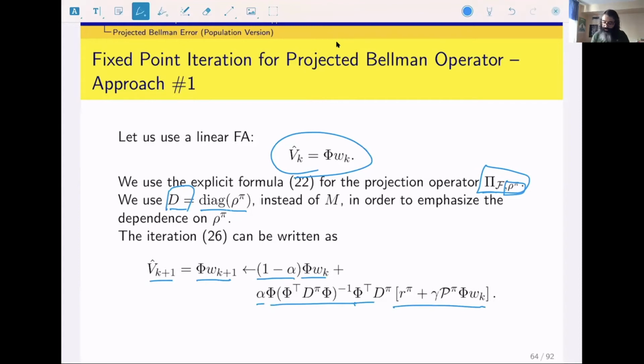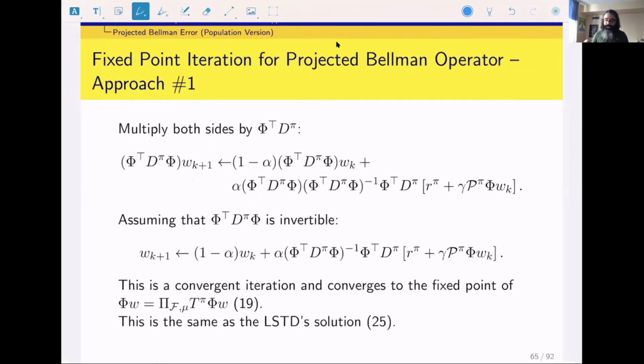I multiply both sides by phi transpose to get phi transpose d phi wk. Same term here for wk, and I have alpha times phi transpose d phi and the inverse of it. Assuming that phi transpose d phi is invertible, I can take the inverse of both sides in order to get the dynamics of wk, so how I should update w.